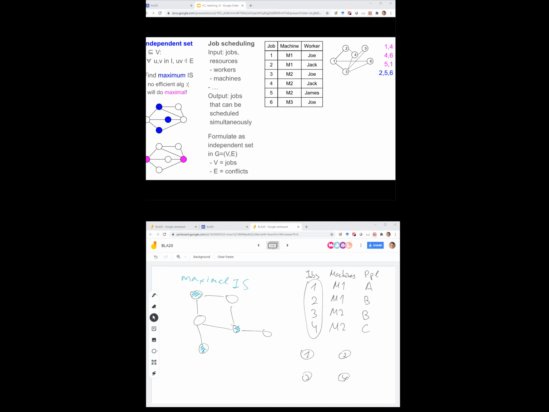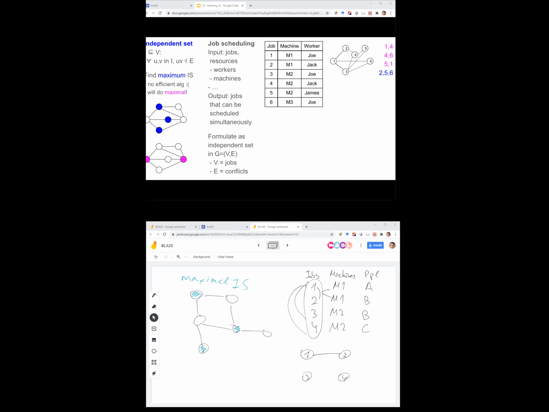Now, let's look at job 1. It cannot be simultaneously executed with job 2 because they share the same machine. I think job 1 can be executed simultaneously with job 3. I don't see any conflicts. Job 1 can be executed simultaneously with job 4. I don't see any conflicts.